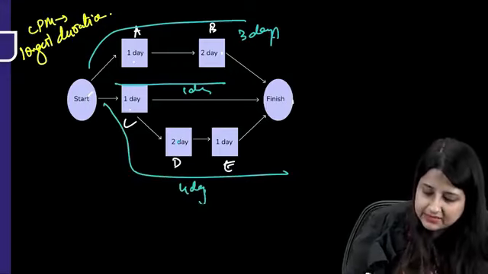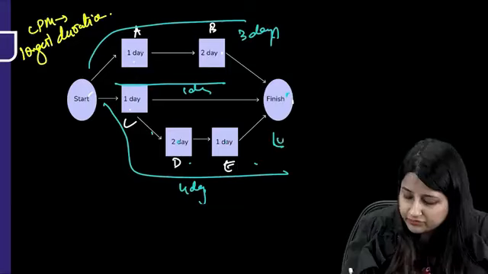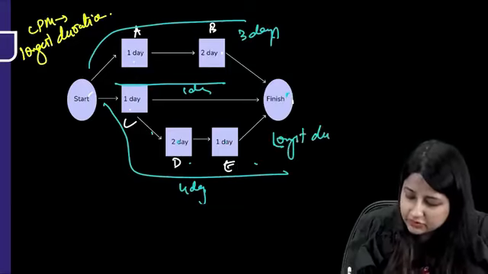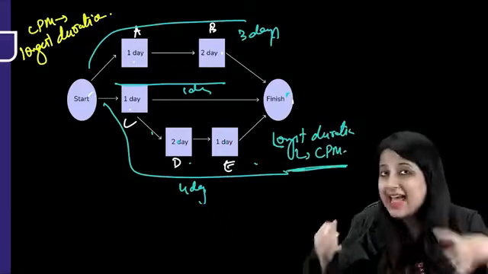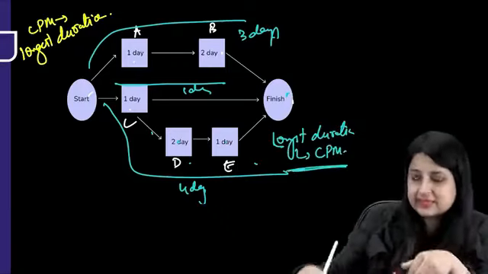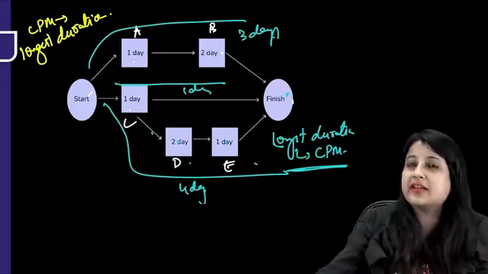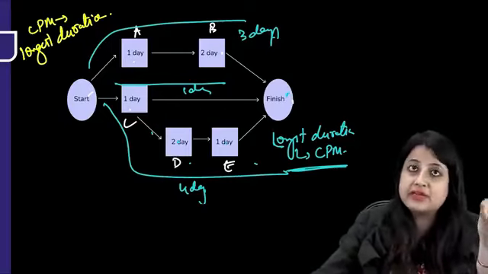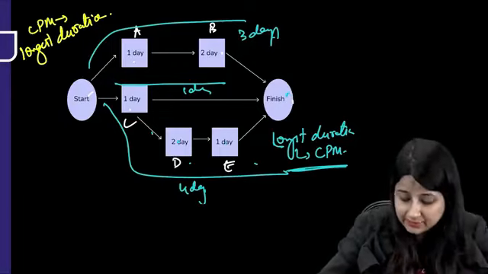So which is the path? This one, C, D, E, till the finish, okay. This is the path of the longest duration. So this path of longest duration is the critical path method. I have to start these set of activities before some time so that I can achieve my desired objective on time, okay. So network analysis, cost benefit, cost effective are very, very important, okay.